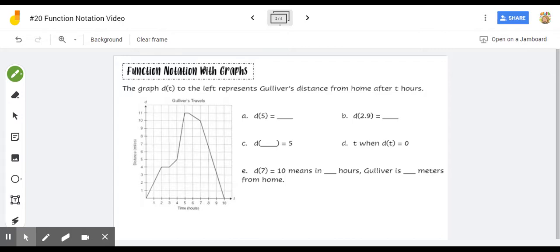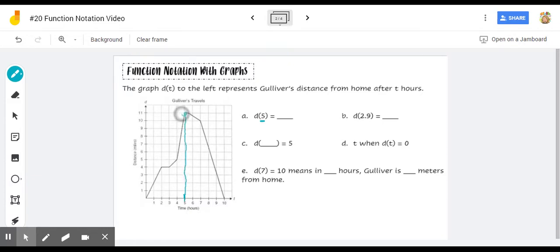All right, so based on that information, if we want to figure out how far from home Gulliver has gone in t amount of hours, we look at the input. So d of 5 means that Gulliver has traveled for 5 hours. So we're going to come over here on our graph at 5 hours, and we're going to look up on our graph to see how far of a distance did he actually travel.